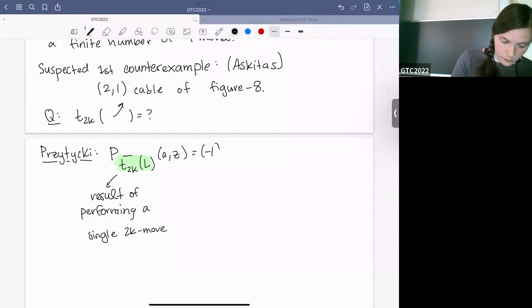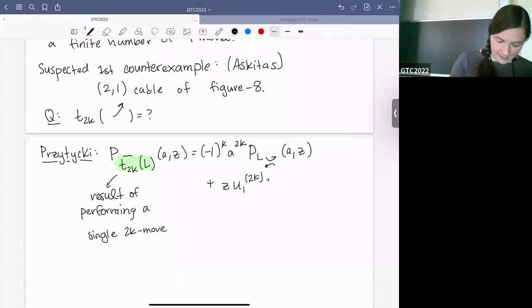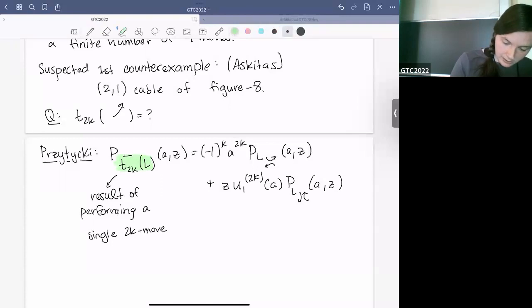It is equal to (-1) to the k, a to the 2k, times the polynomial of the link where you've done some kind of smoothing here, plus z times u1 exponent in parentheses of 2k of a for the link where you do the other replacement. And I should say there are formulas for these in the statement, but I'm not going to write them down.